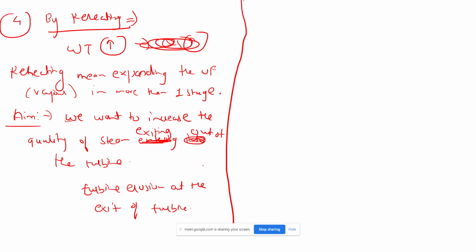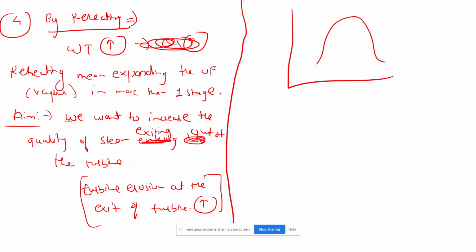So we want the quality of the steam to be vapor or superheated. Previously in that cycle, at the exit we were getting wet region steam. At the exit it can damage the turbine blade and cause corrosion. So this we have to stop.